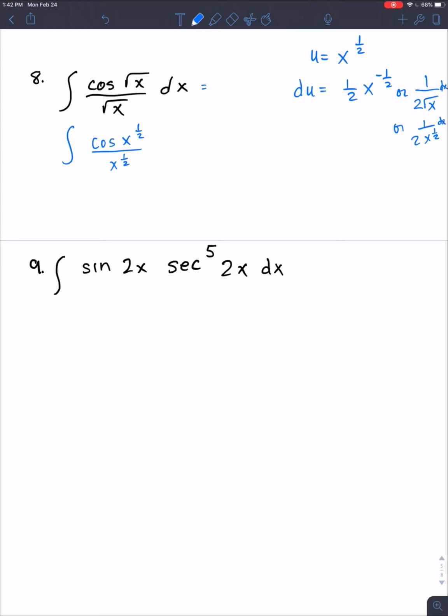So when we come over here and rewrite this, this is going to be the integral of cosine of u du. So cosine of u, when u is x to the 1/2, and then du is this, you have the 1 over x to the 1/2 dx.